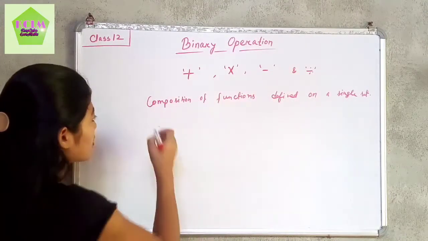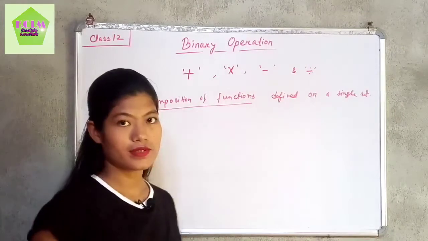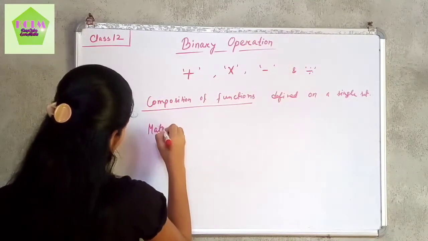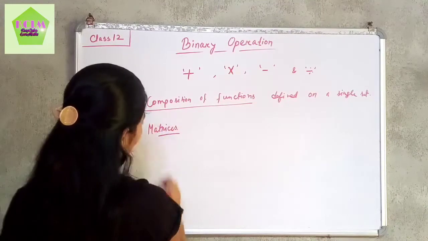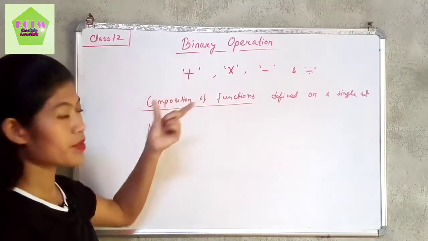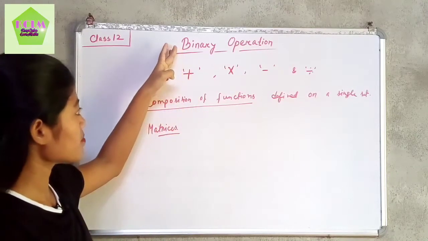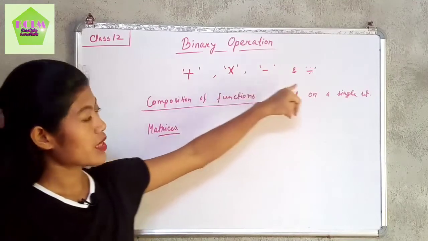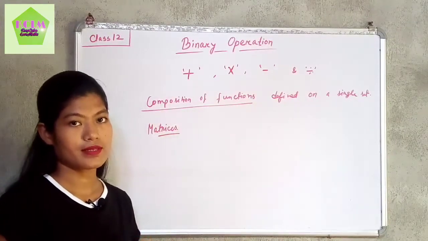We have already learned what composition of functions is, right? And also matrices. Some matrix operations can also be examples of binary operations. So basically binary operation means addition, subtraction, multiplication and division of numbers and matrices.